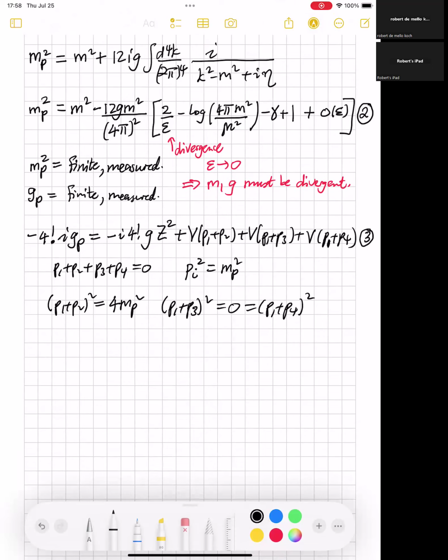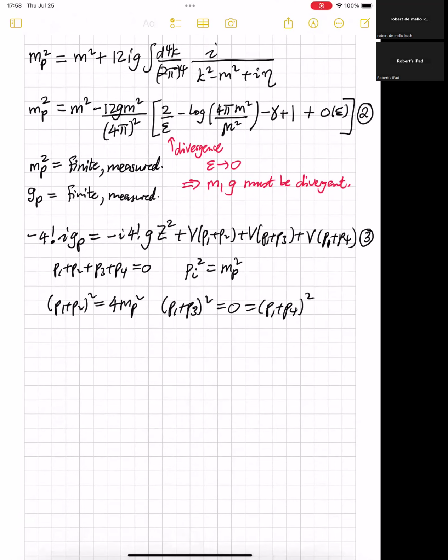And you need to know what V of p is. We evaluated this in dimensional regularization as well. So V of p is equal to, it was minus i g Z squared, squared. And then we had a 4 factorial squared for each vertex. And we had a factor of 1 over 2 for equivalent lines. And then we had the loop integral over the loop momentum that I've called k here.